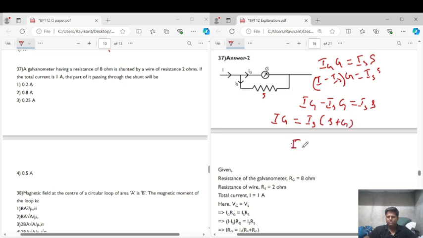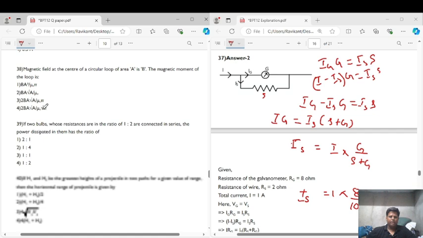So Is will be equal to I into G upon S plus G. So current going in the shunt will be equal to 1 into 8 upon 10, which is equal to 0.8 amperes, right? So the correct answer for question number 37 is option 2, that is 0.8 amperes.